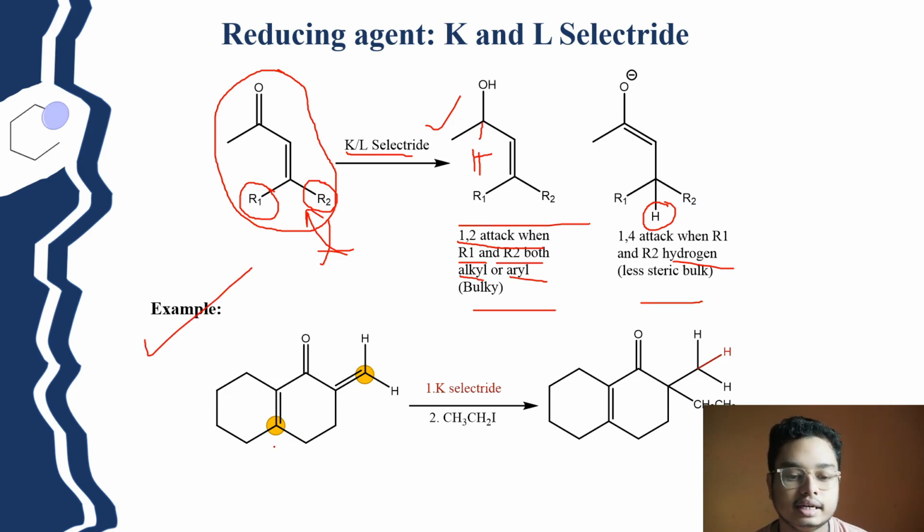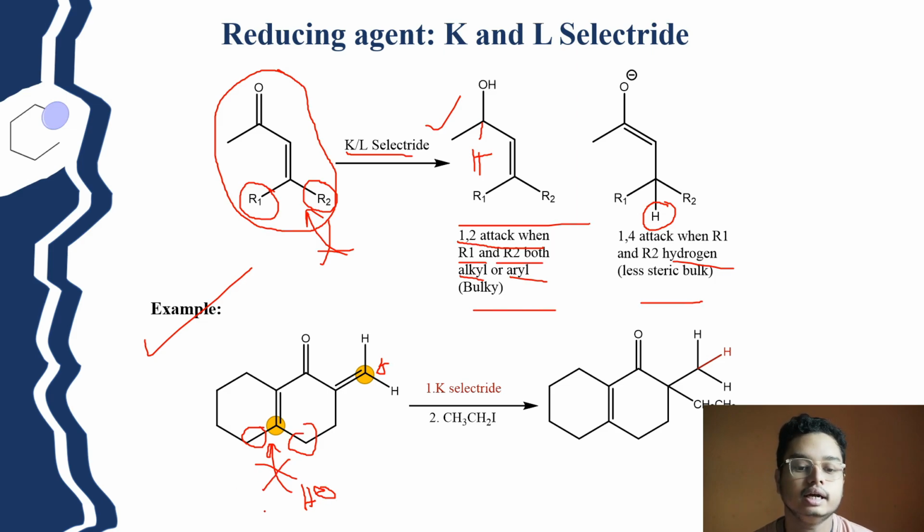Here you can find there are two different centers. This is also a 1,4 addition, and this is also a 1,4 addition. Now here you can find these two are bulky groups. That means hydride transfer becomes much more sterically hindered at this center.